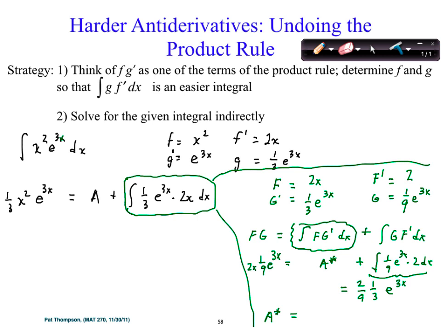Yes, sir. 2x times 1/9 e to the 3x minus 2/27 e to the 3x. Yep, so A star will be our capital FG minus that antiderivative we just did. So 2/9 x e to the 3x minus 2/27 e to the 3x.